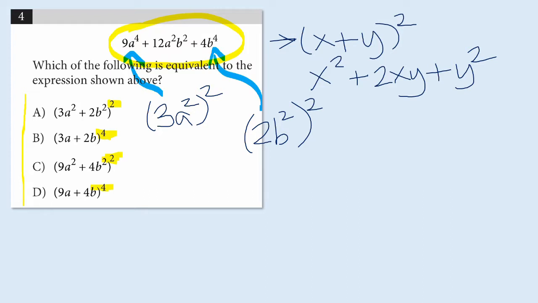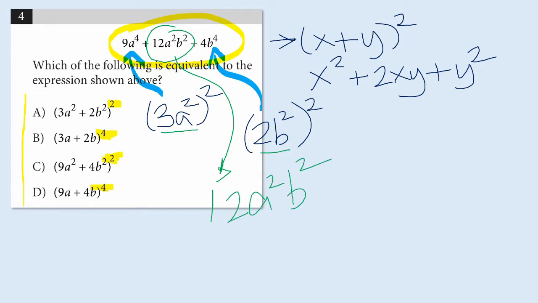If you look at the middle term, this in fact is double 3a squared times 2b squared. So 3 times 2 is 6, doubled would be 12, and then I have my a squared and b squared. So look at our choices.